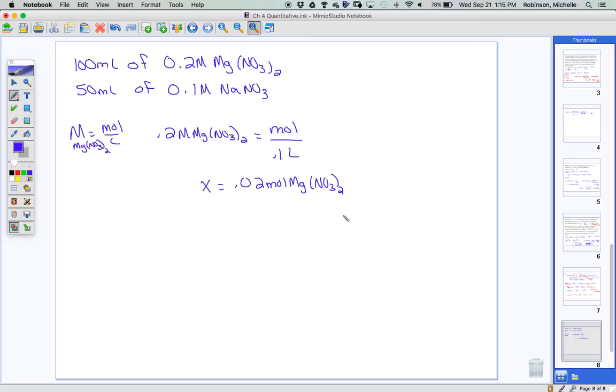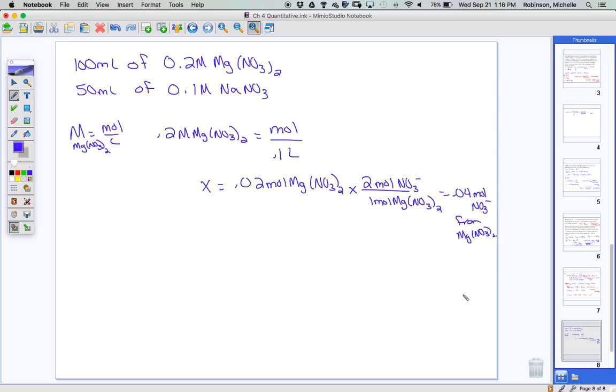Do I need moles of MgNO3 2? I got to get all the way to what? Of the NO3 minus, right? So for every 1 mole of the magnesium nitrate, how many nitrates are coming off? 2. There are 2 moles of NO3 minuses. So we have 0.04 moles of NO3 minuses from the MgNO3 solution.